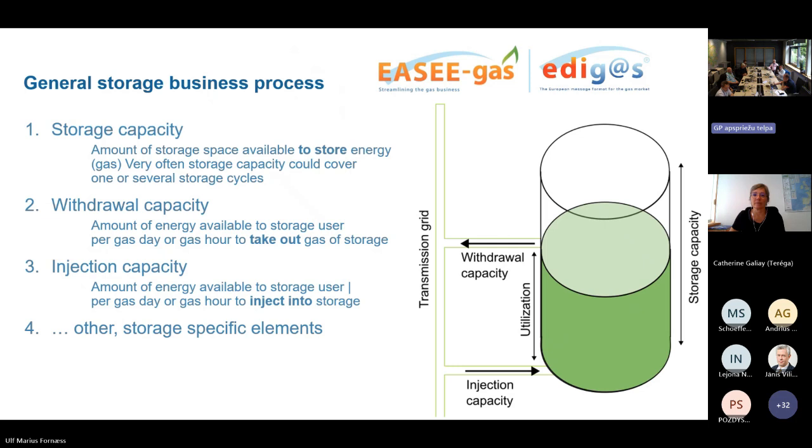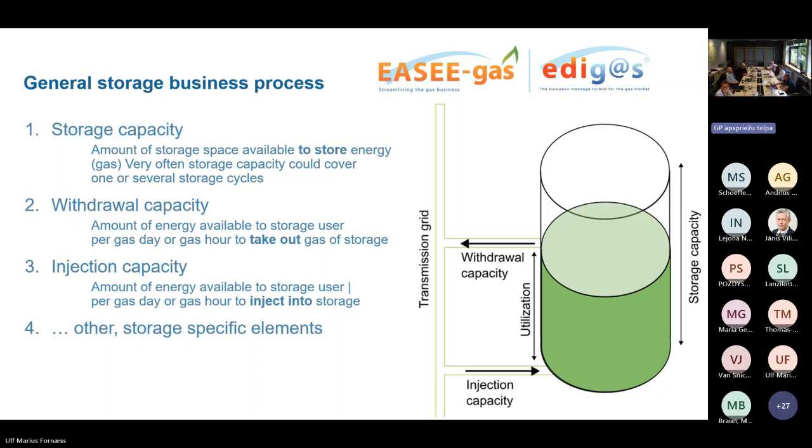So at first, if we look at the main characteristics of storage products, in general we should look at the storage business process overall. For each storage user, we have its allocated storage capacity. Then we have the utilization level, how much storage capacity is utilized at every point in time.